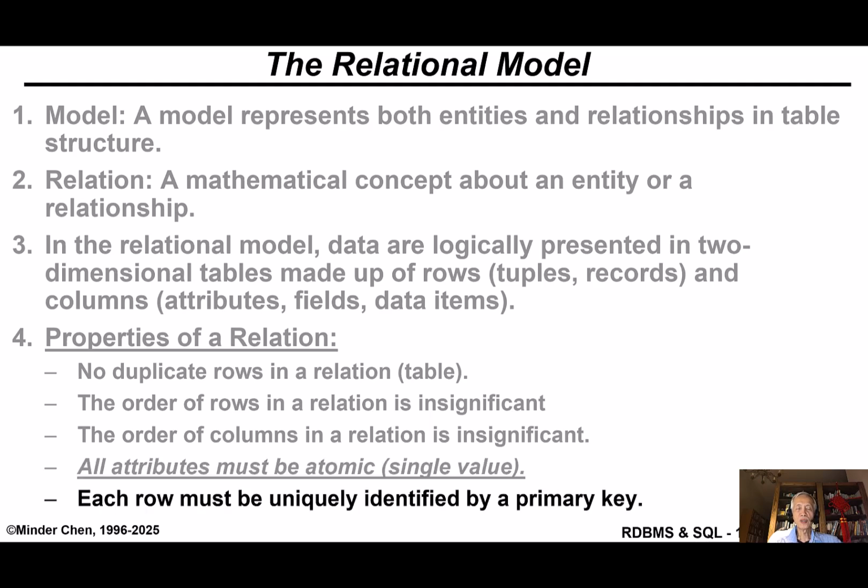And each row must be uniquely identified by a primary key. If you know the value of a primary key, you can uniquely identify the row corresponding to that primary key's value.